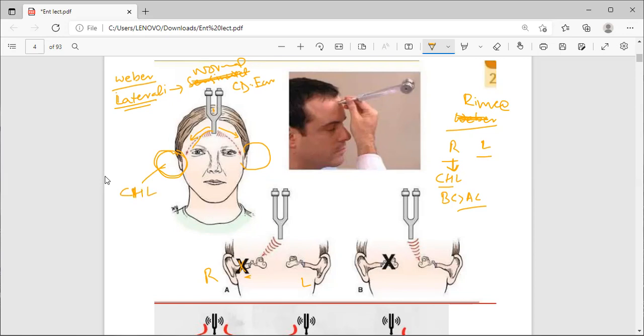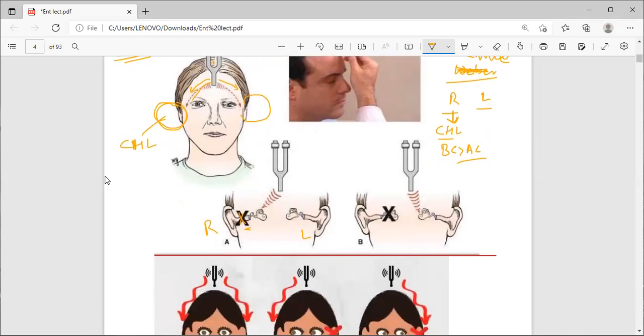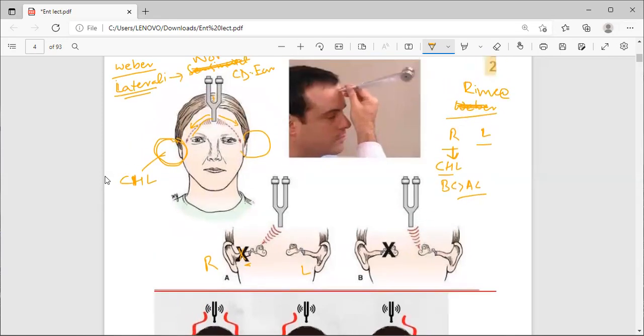And if the same patient has sensorineural deafness on the right side, he will perceive sound greater in the normal ear.